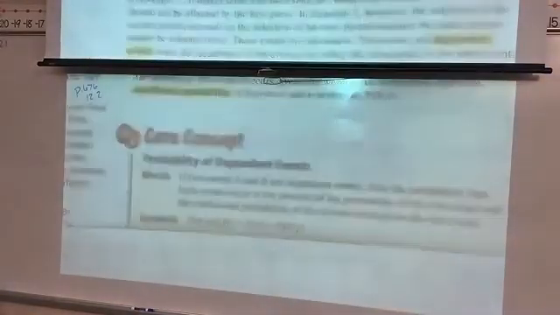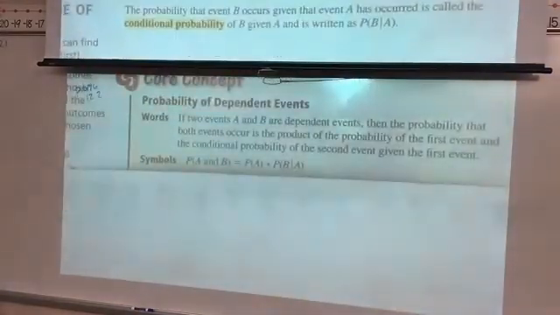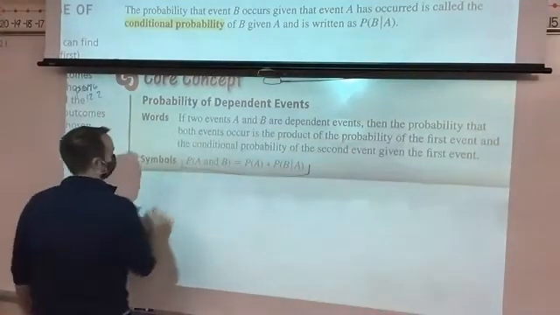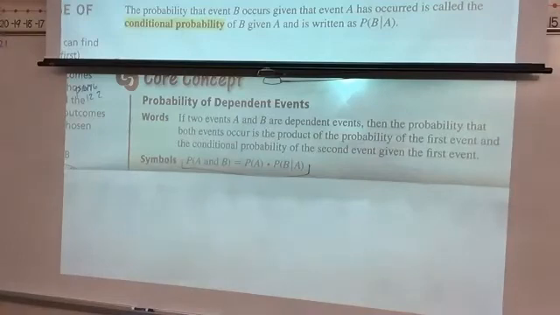Hey, since we did the independent, let's copy this down for dependent. All right, the symbols. Let's get this down. Okay, so this is dependent now, and you see that conditional probability for that second one.